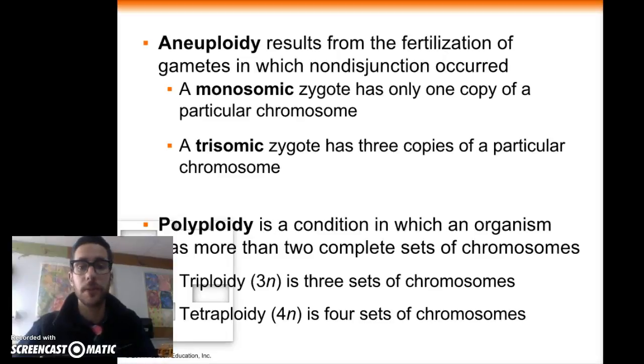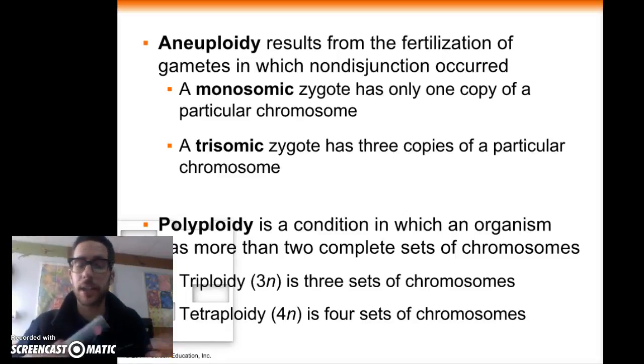So aneuploidy results from the fertilization of gametes in which non-disjunction has occurred. And this is talking about specific gametes. A monosomic zygote means there's only one copy. That means that a normal gamete that is carrying a particular chromosome is fertilized with a gamete that is carrying nothing.